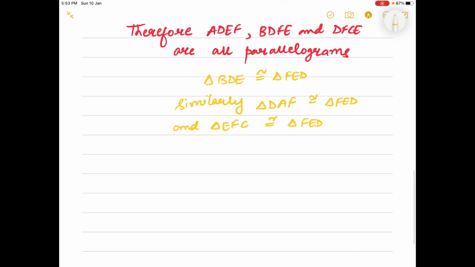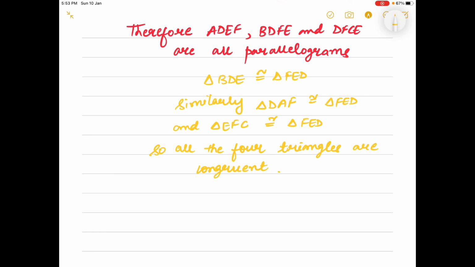Okay, so all the four triangles are congruent to each other, and we have to prove this only.